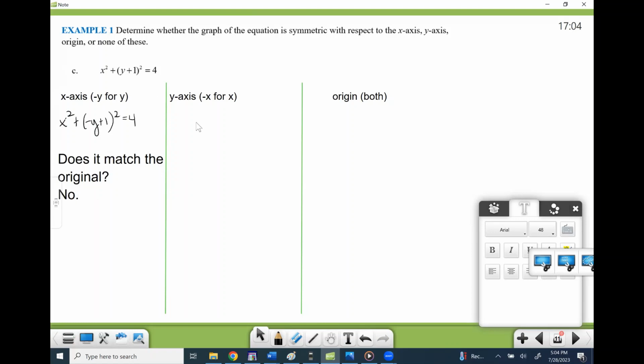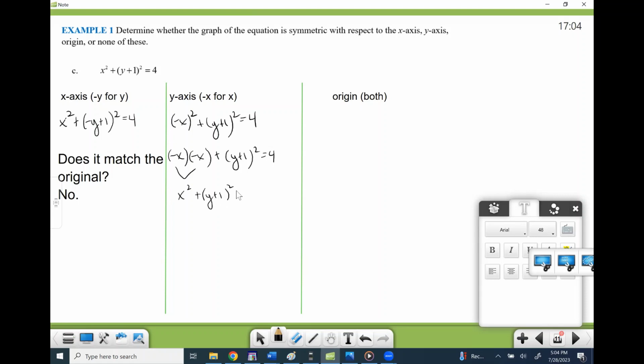All right, let's try this one. So we're going to substitute in a negative x for x. Well, we already learned earlier that if I have an even amount of negative signs, so that negative x times negative x, it'll become a positive, and then x times x is x squared.